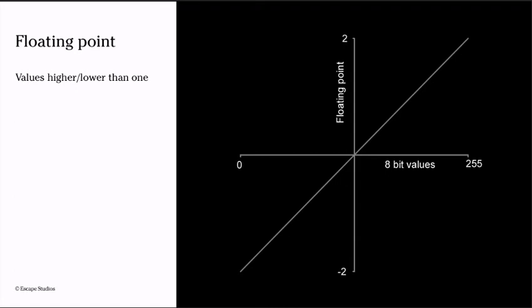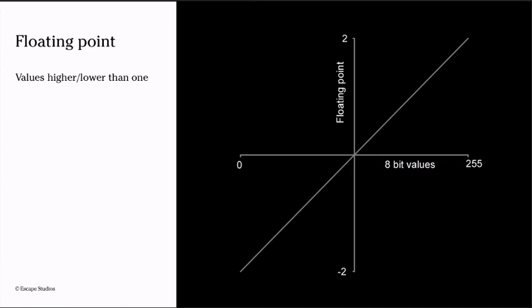Floating point. Working with one 8-bit channel gives us 256 different levels of colour to work with. 0 being black as visible on the monitor and 256 being white as visible on the monitor, and there are no values stored above and beyond those. The advantage of floating point is that it allows us to store a much wider range of values.